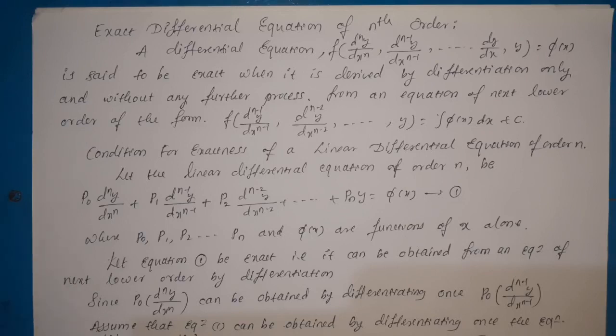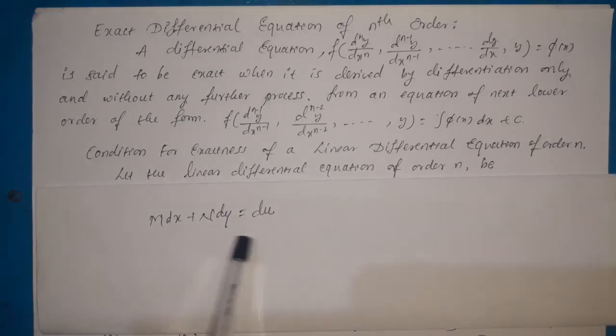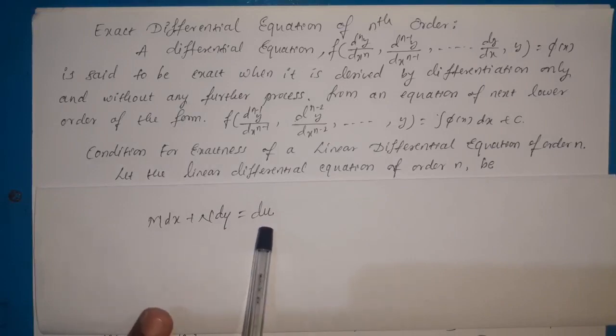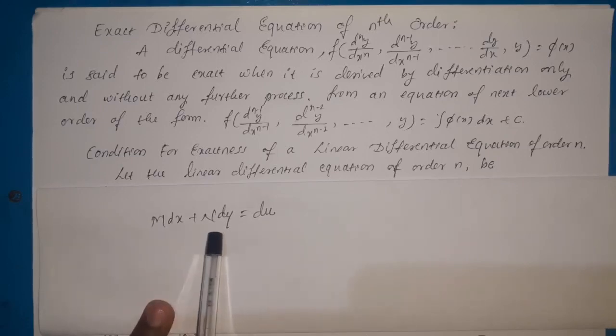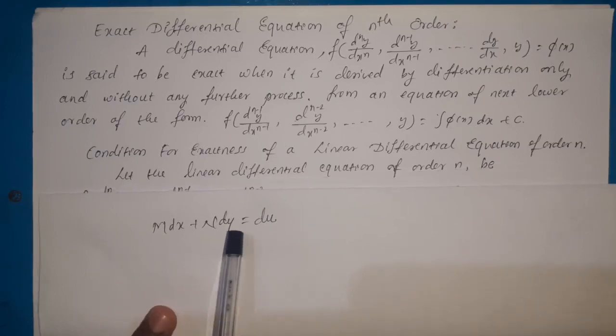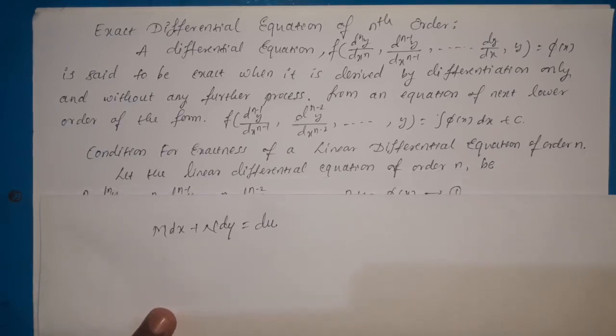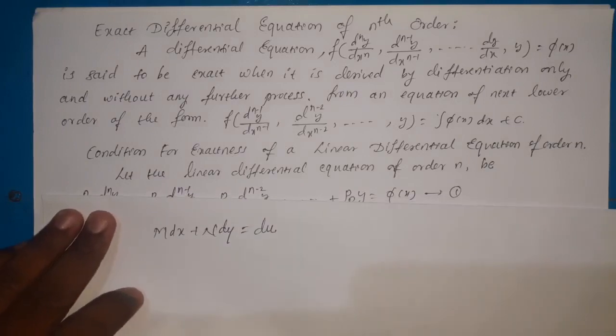Here we have M dx plus N dy equal to du, meaning after differentiation of the function u, if we get the equation M dx plus N dy, then this equation is called an exact differential equation of first order. Now the definition is the same, but the order is n.